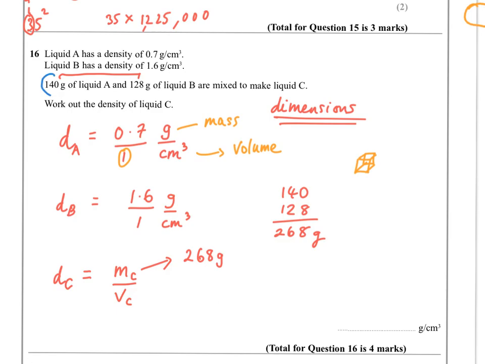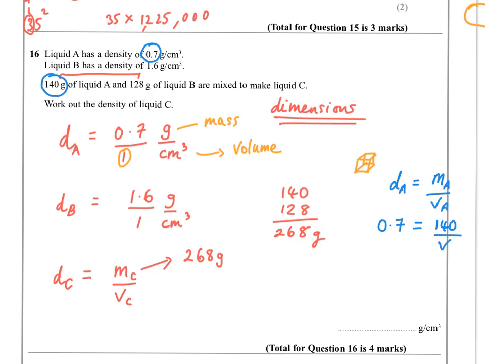It's told you there's 140 grams of liquid A. So if you look at the formula, density of A is the mass of A over the volume of A, then if you know the density of liquid A is 0.7 grams per centimetre cube, then you've got 0.7 is equal to the mass, and it tells you the mass of liquid A is 140, over its volume.